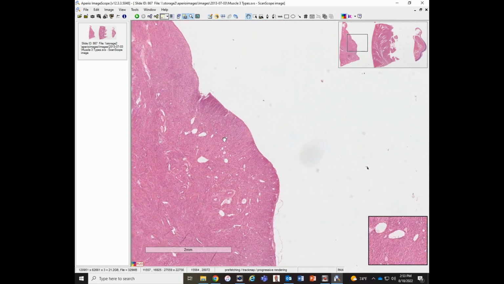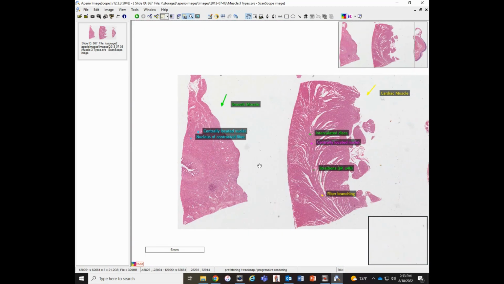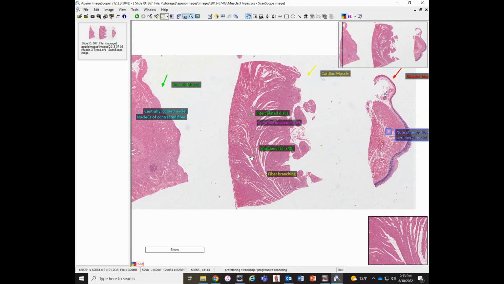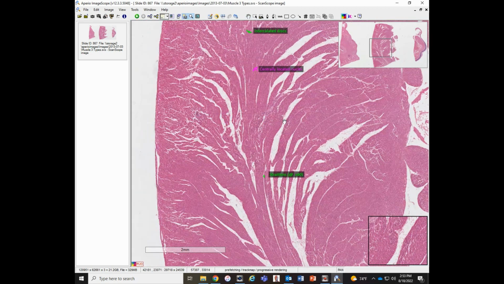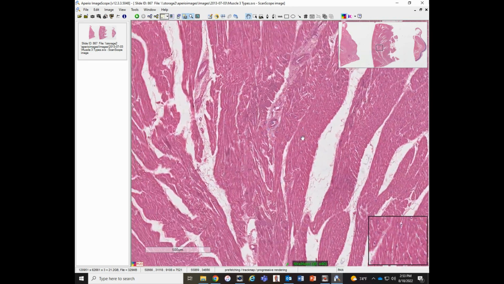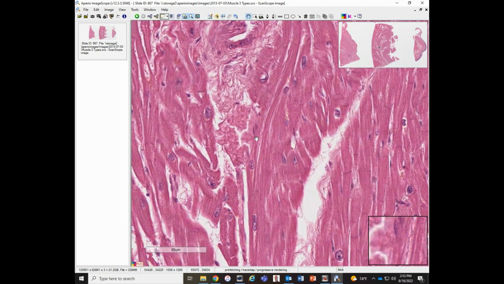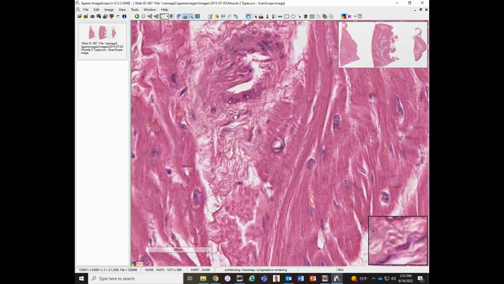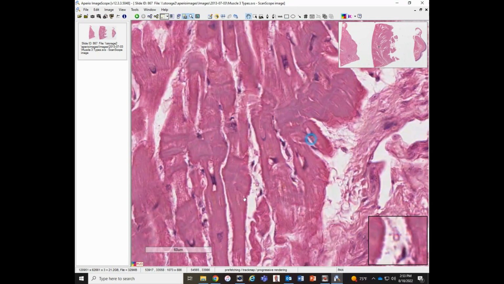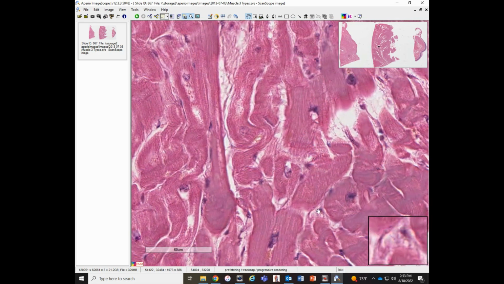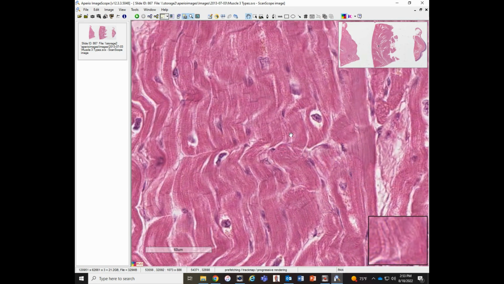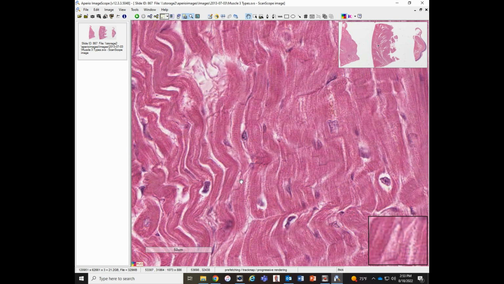Now let's return to a little more macroscopic scale and take a quick look at cardiac muscle. Now again, it's not the main focus of what we're teaching right now, but cardiac muscle is also involuntary, but it is striated. So its method of contraction is somewhat similar to skeletal muscle, but we're not in charge of it.